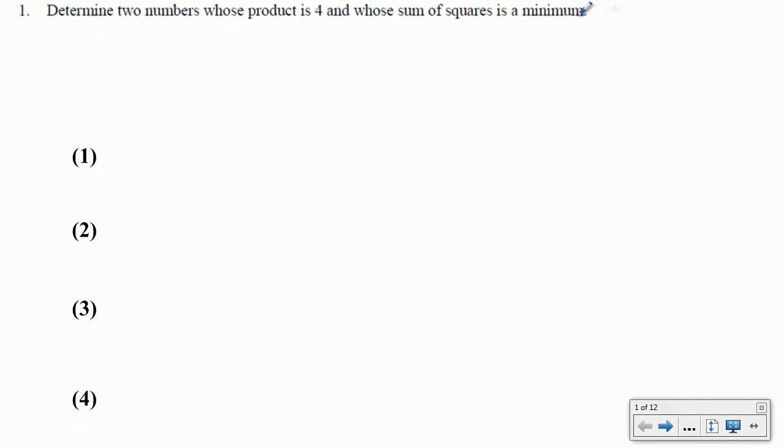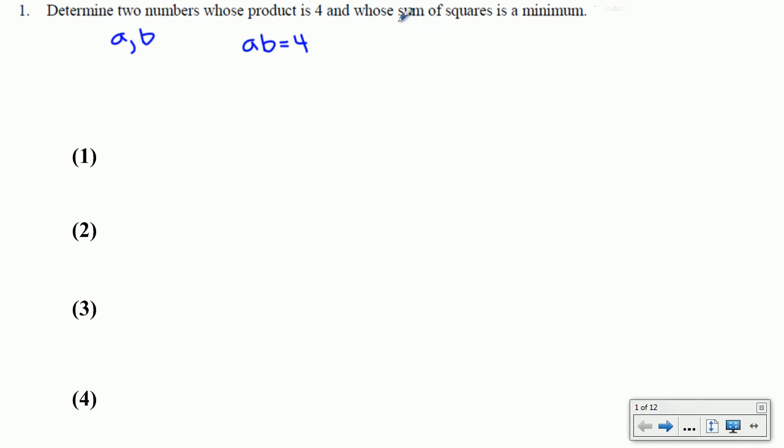So this first question, we need to determine 2 numbers whose product is 4 and whose sum of squares is a minimum. So we have 2 numbers, we'll maybe call them A and B. They have a product that is 4, so when they multiply, they give a product of 4, and their sum of the squares is a minimum.